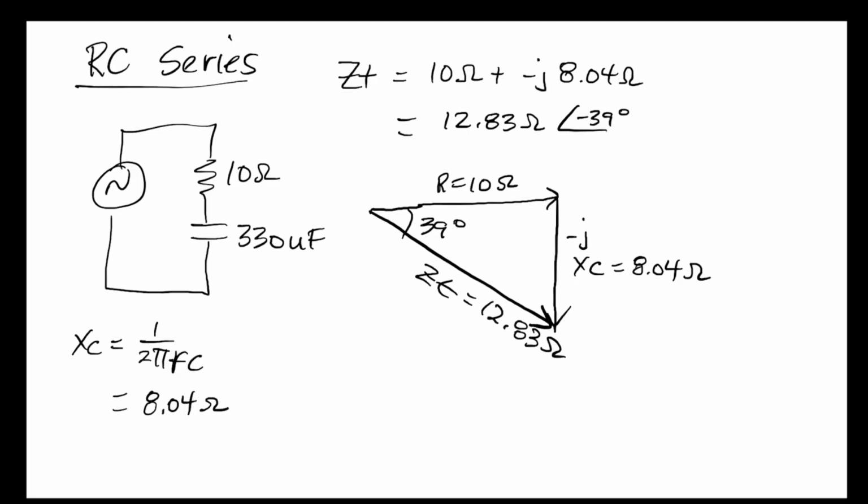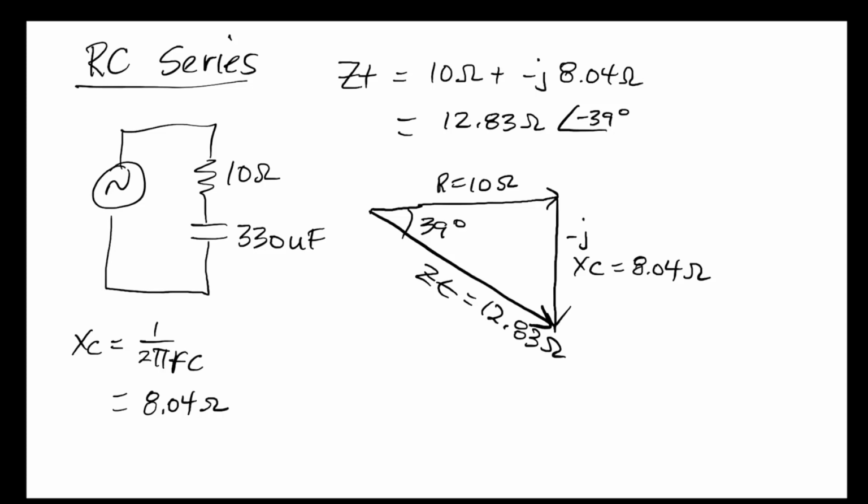12.83 ohms. Well, we know that our voltage triangle is going to be looking exactly the same as an impedance triangle from a series circuit, because each one of these quantities is just multiplied by our total current in order to get a voltage. So what we can do is calculate our total current by dividing our Z total into our E source.